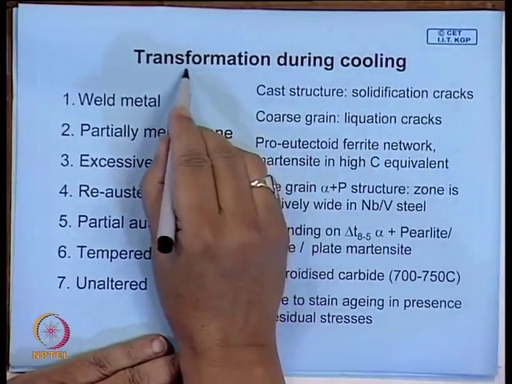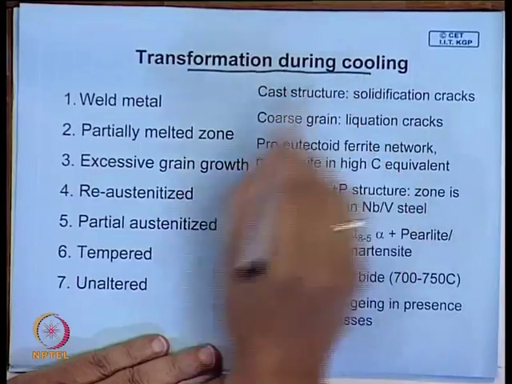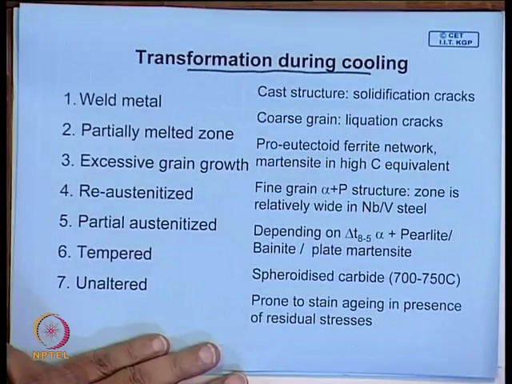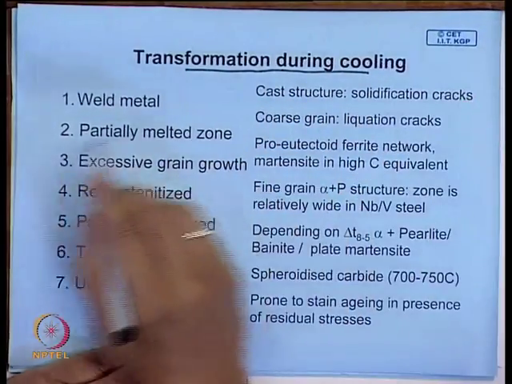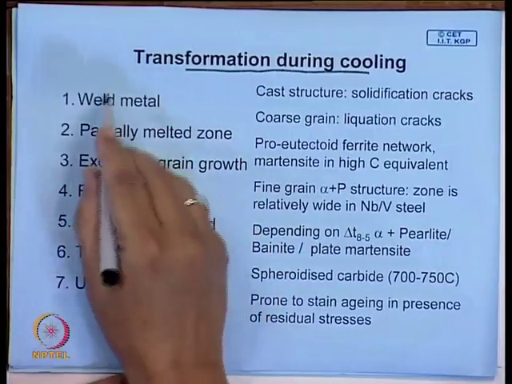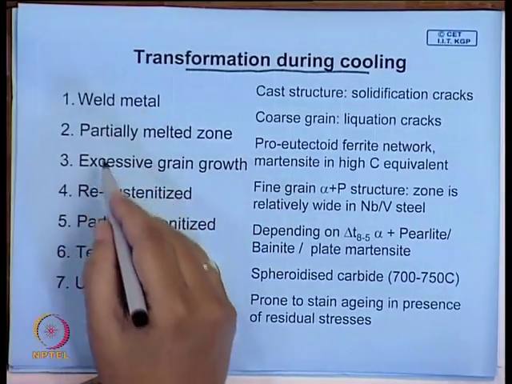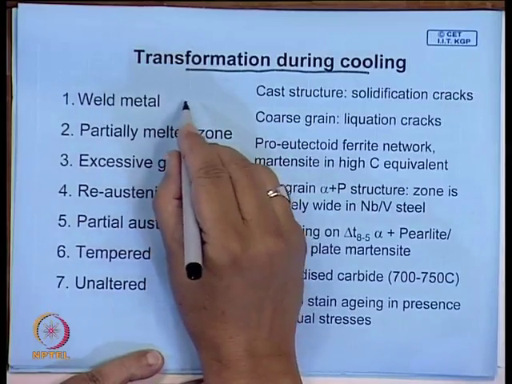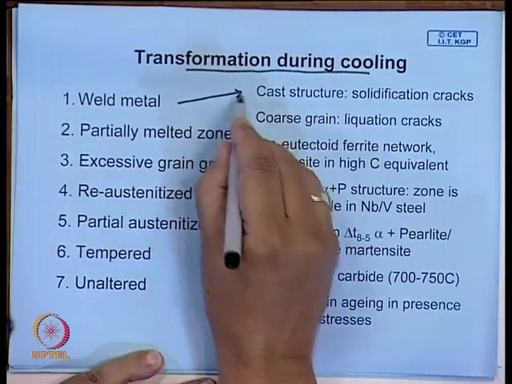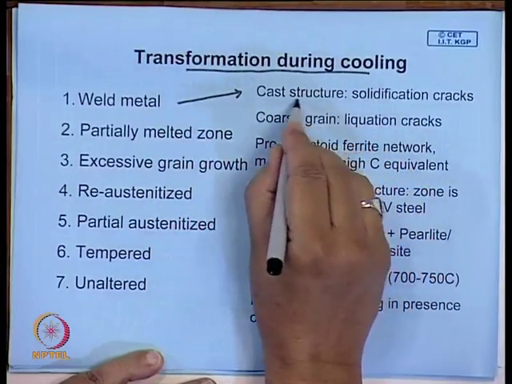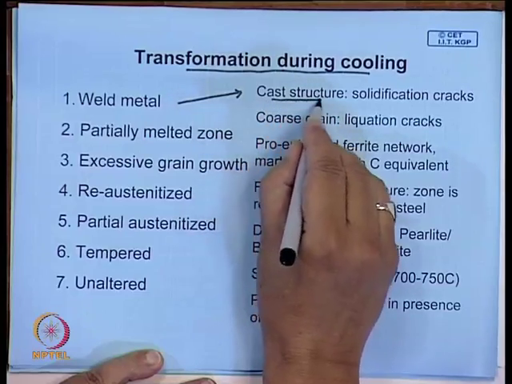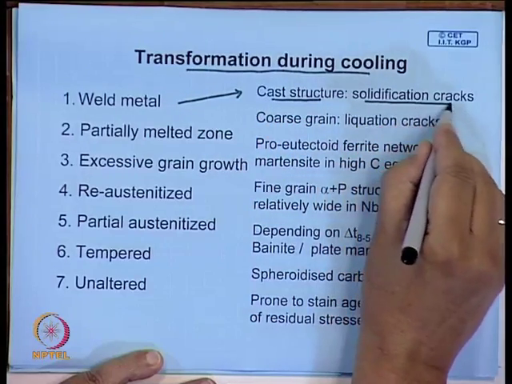The transformation during cooling: we have just seen the different zones, they are heated to different temperatures, and this summarizes the different structures that you are likely to get in these 7 zones. So, the weld metal has a cast structure, and this is also the region which is prone to solidification cracks.